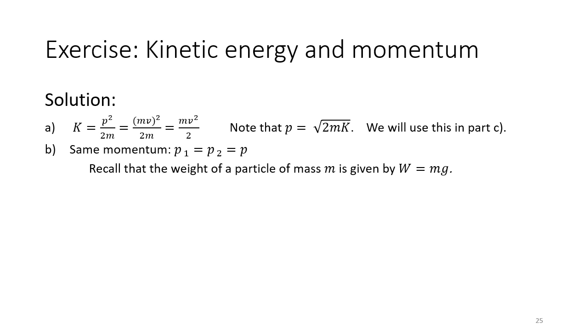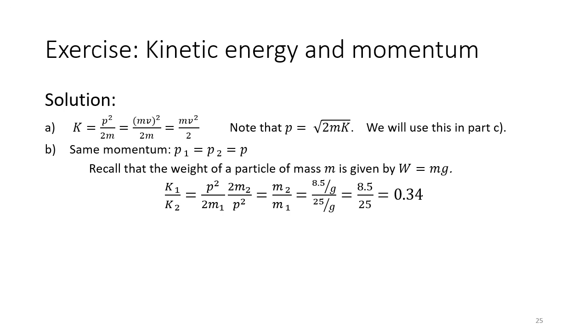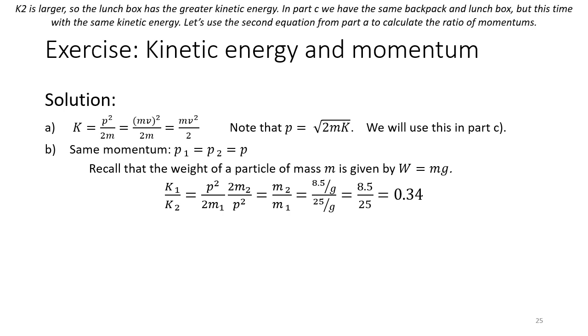The ratio of kinetic energies can be written with the equation from part A. We can cancel out the 2's, and since momentum is the same for both, they cancel out as well, leaving us with the mass of the lunchbox, m2, divided by the mass of the backpack, m1. The ratio ends up being 0.34. K2 is larger, so the lunchbox has the greater kinetic energy.